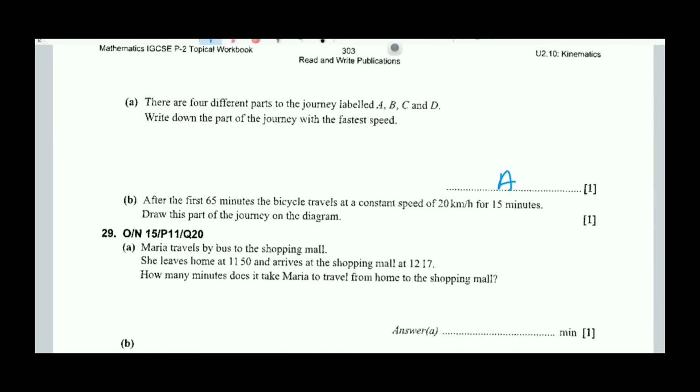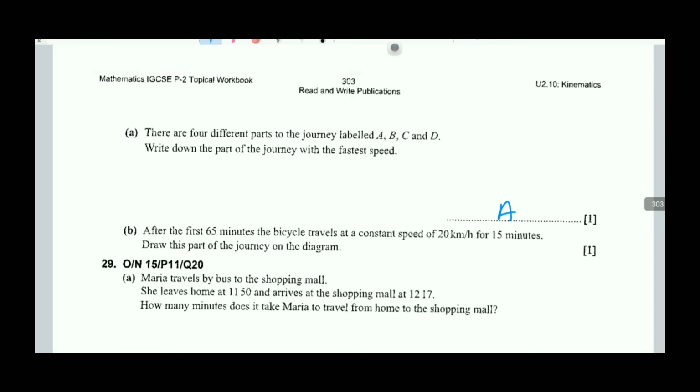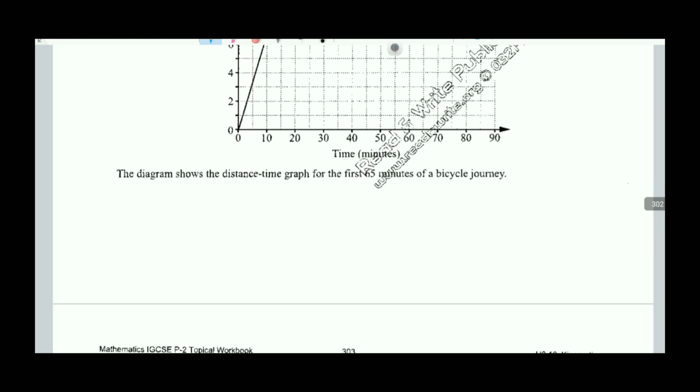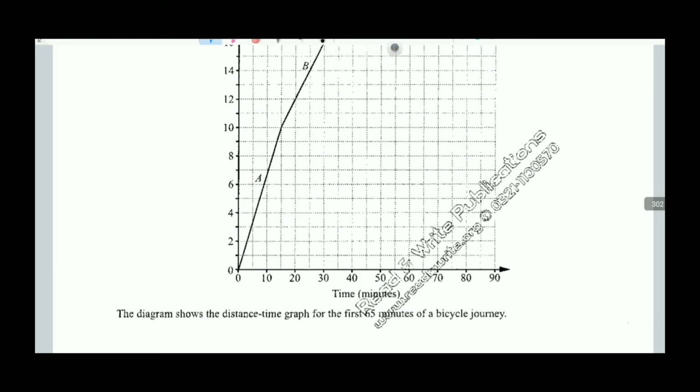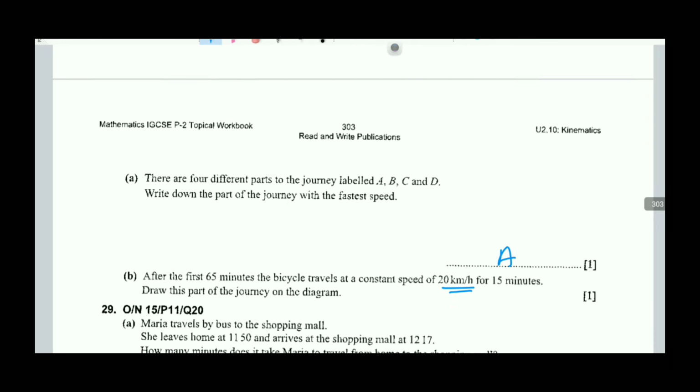After the first 65 minutes, the bicycle travels at a constant speed of 20 km per hour for 15 minutes. Draw this part of the journey on the diagram. So 15 minutes, okay. 20 km per hour means speed is 20 km per hour, and what we have to do here is find the distance.